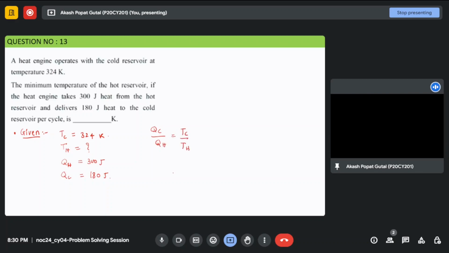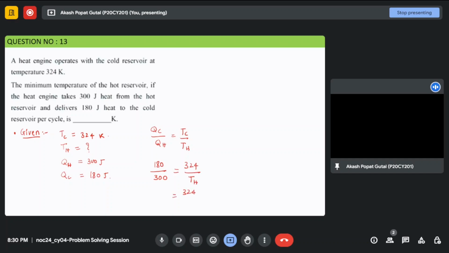So if we calculate it, QC is 180 by 300, so that equals TC, which is 324, by TH.